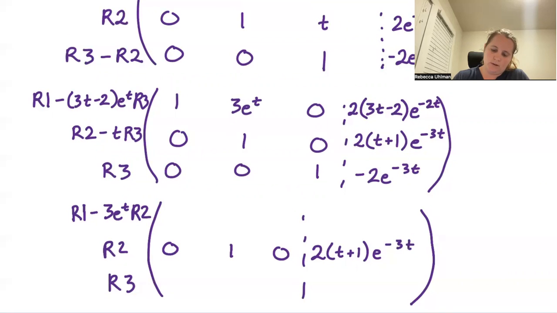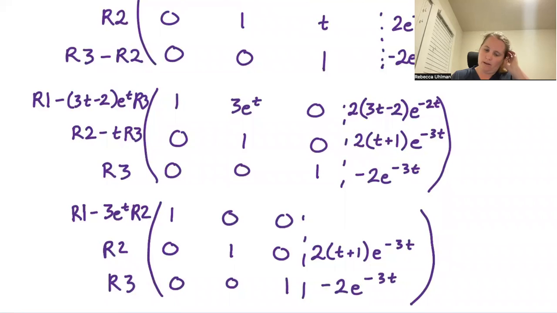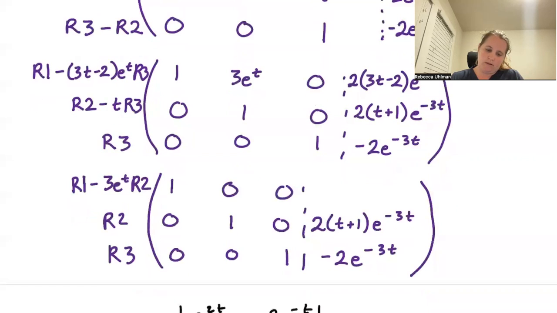Our third row will still be 0, 0, 1, and then negative 2e to the negative 3t. Our first row will have 1, 0, 0, and then we'll be subtracting off 3e to the t times 2 times (t plus 1) times e to the negative 3t.